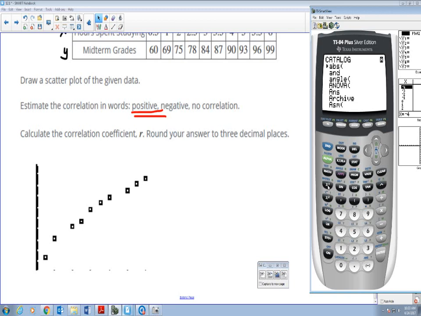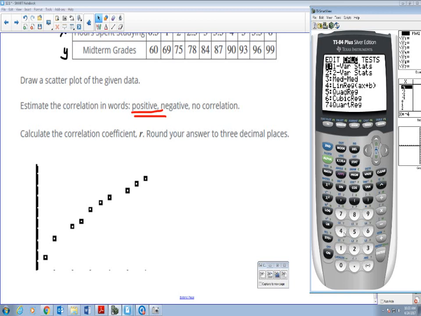So when I press X inverse for my letter D, go down and look for something called diagnostic on. Diagnostic on. Press enter. Press enter. Alright, so once it says done, let's go back and do my linear regression again. So back to stat, highlight the word calc.